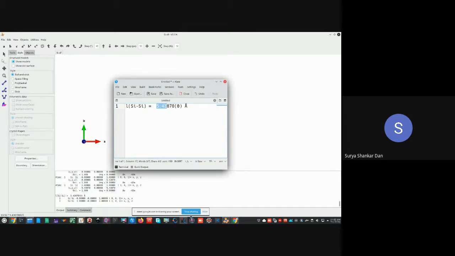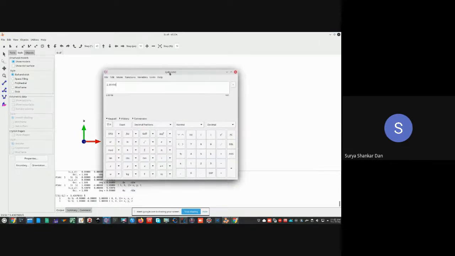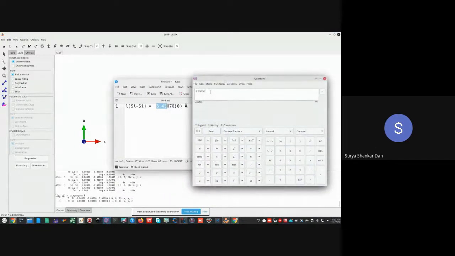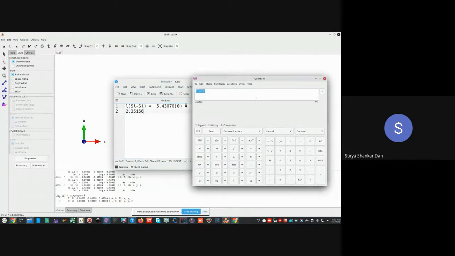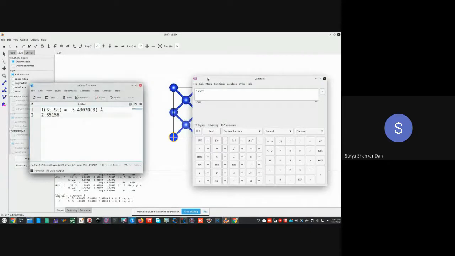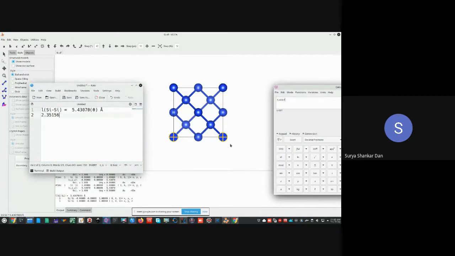Okay. Now remember what we found out between the interpenetrating one. It was 2.35156. So the distance between the nearest atoms was this much, and 5.4307 is the distance between these two atoms. I want to find out the nearest neighbor distance in silicon.